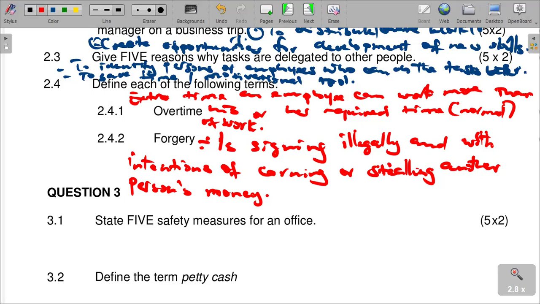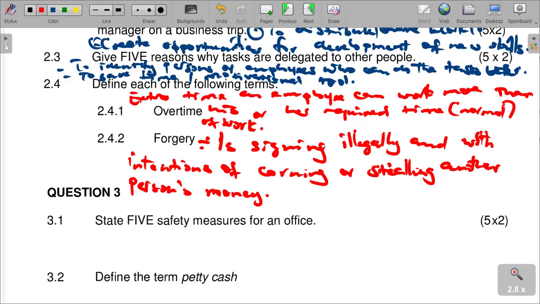It can be done with the intentions of transfer, of moving money from one person's account, which is also unacceptable. Those are the reasons, and that is what we call forgery.